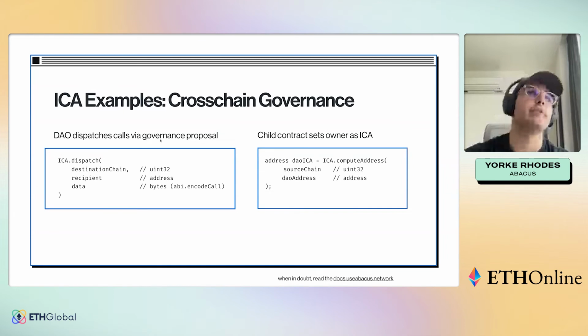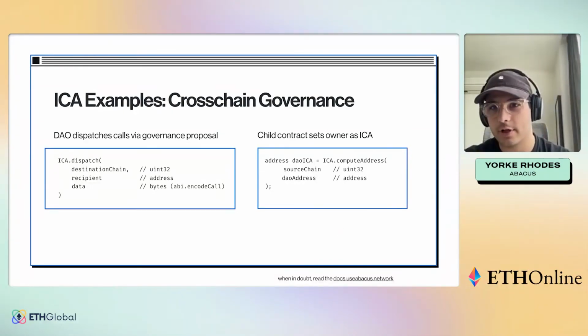Basically, to summarize, most DAOs use token voting to decide what transactions a DAO contract should execute if the vote reaches a sufficient quorum of voters. And today these calls are limited to the local blockchain where that DAO is deployed.